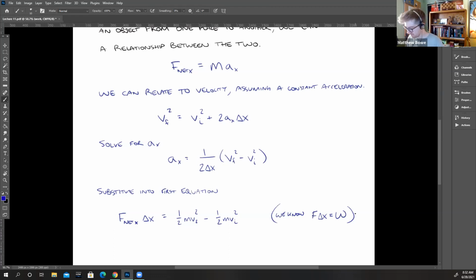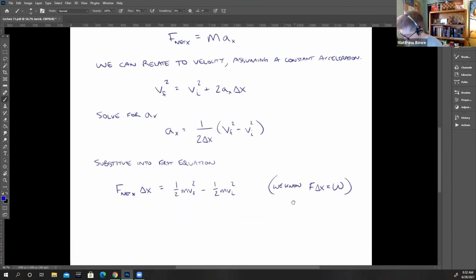That's the energy. So we have this way of relating work to an object's movement. Not just a force and a position, but a velocity as well. Final minus 1/2 mv initial squared.